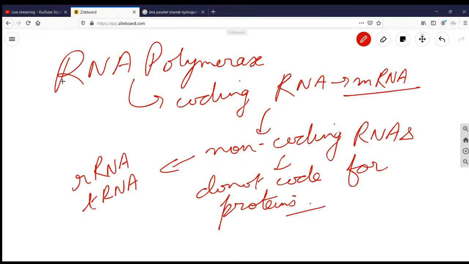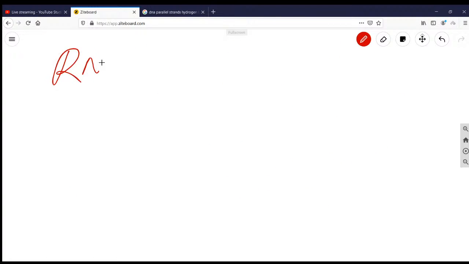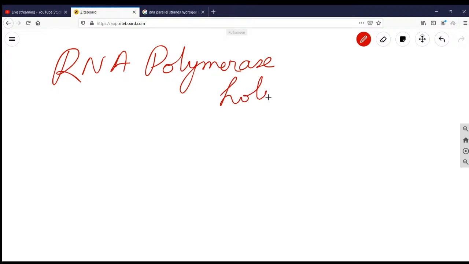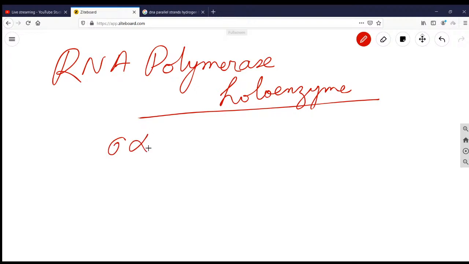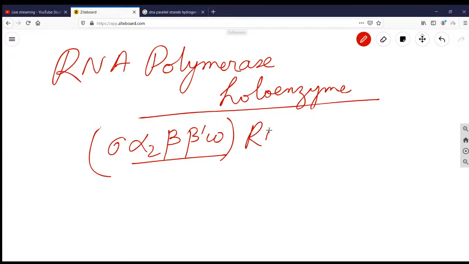Now, coming to the RNA polymerase holoenzyme. It will be sigma, alpha two, beta, beta dash, omega, because this is the core enzyme plus the sigma factor. Now this has become the RNA polymerase holoenzyme.